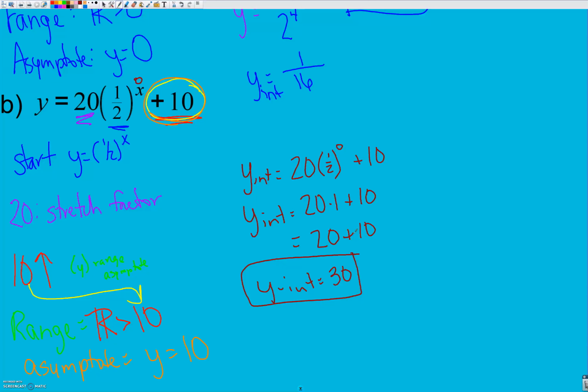And they have that drawn at the top of page 444. So if you wanted to look at the graph there, you certainly could. Our domain didn't change. Our domain never does. Our y-intercept, our range, our asymptote all changed, but our domain stayed the same.